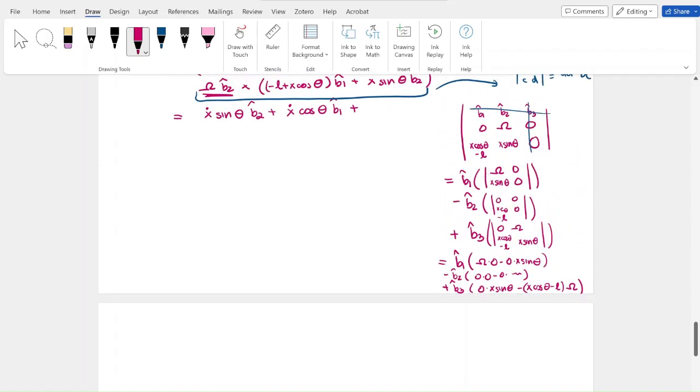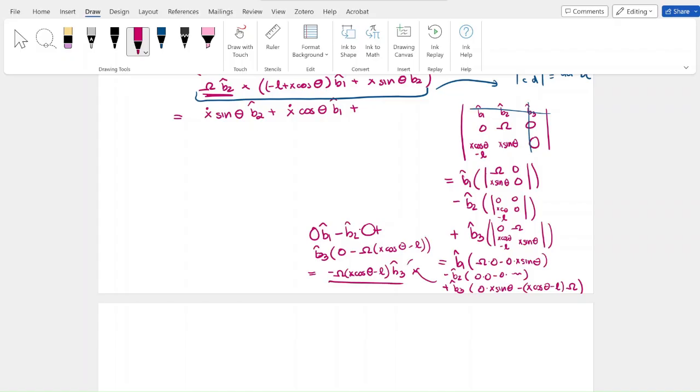So this becomes b1 hat times 0 minus 0, which is just 0, minus b2 hat times 0, which is just 0, plus b3 hat, which is 0 minus omega times x cosine theta minus L. So that means our cross product term becomes negative omega x cosine theta minus L b3 hat.